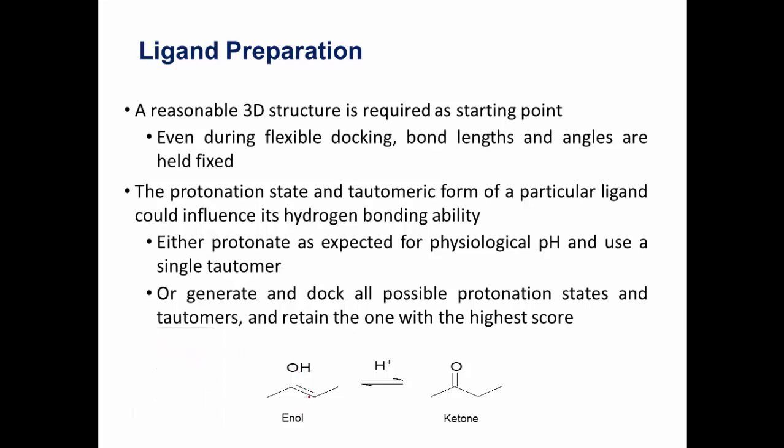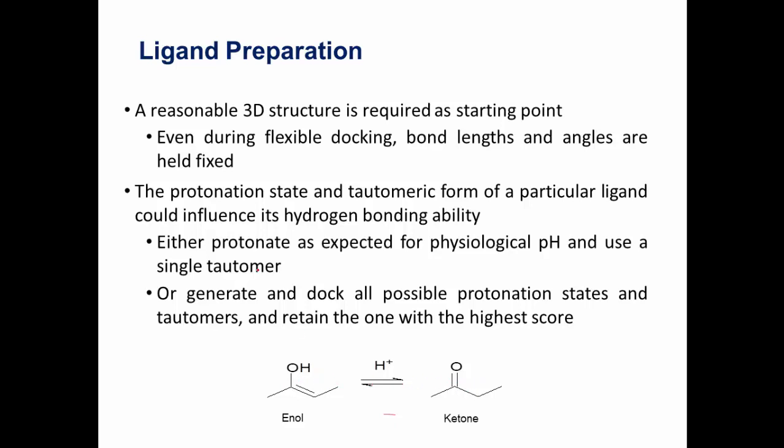So this is an enol, en for the double bond, ol for the OH. So this is keto-enol tautomerism. Compounds containing such a functional group exist in one of these or both of these structures.